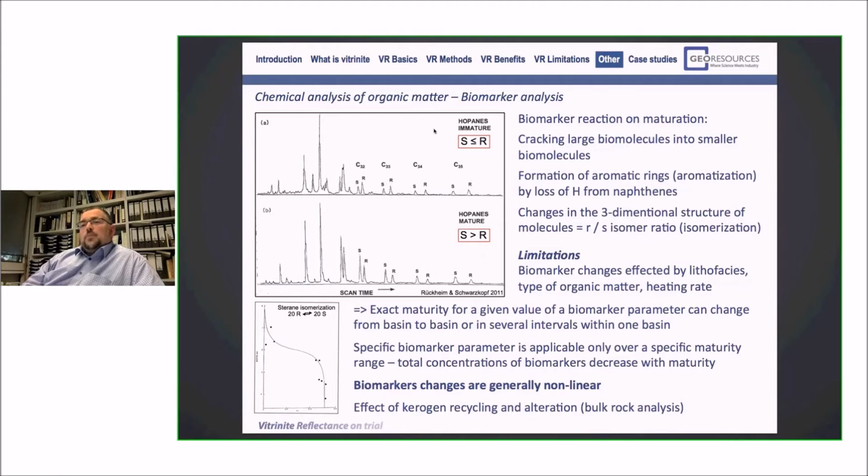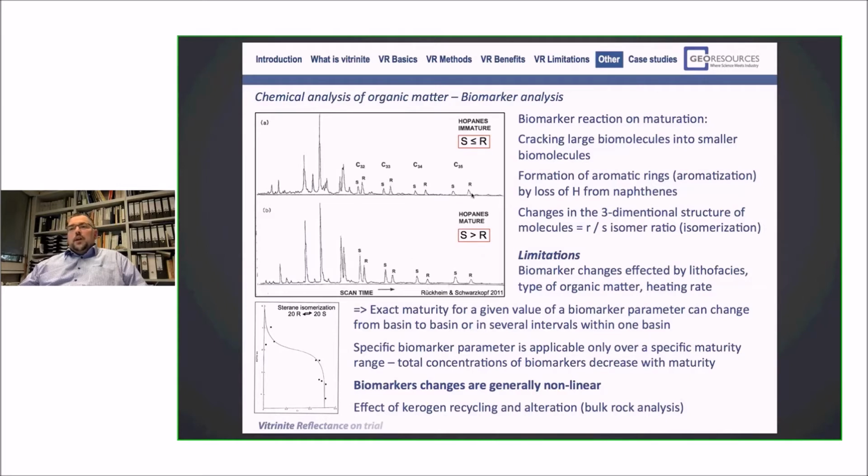This is an immature hopane profile. This is a mature one from the same sample. You see here, the S value is smaller or slightly smaller or the same as R isomers, and here in the mature samples we have much more S isomers than R isomers, so the ratio has changed.